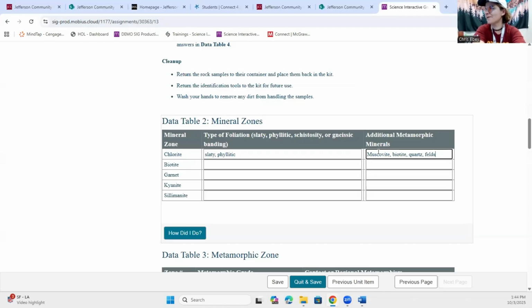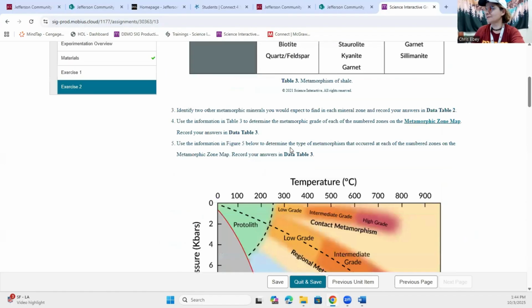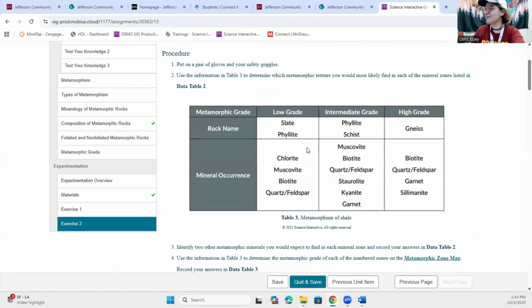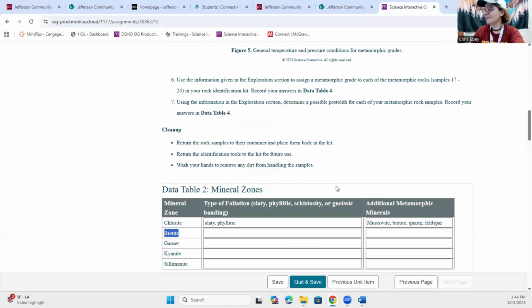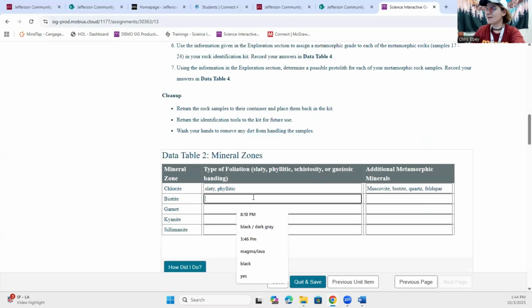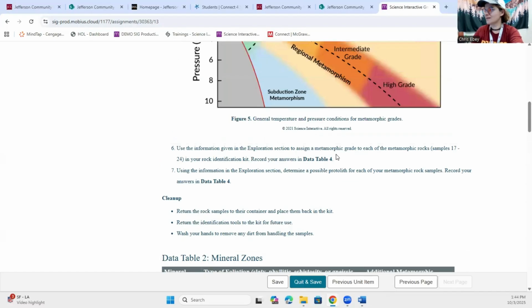Let's do biotite. Biotite is here. Where do I see biotite? I see biotite across all of them. So I would say all. And I can even just type all there. Makes sense? Awesome.